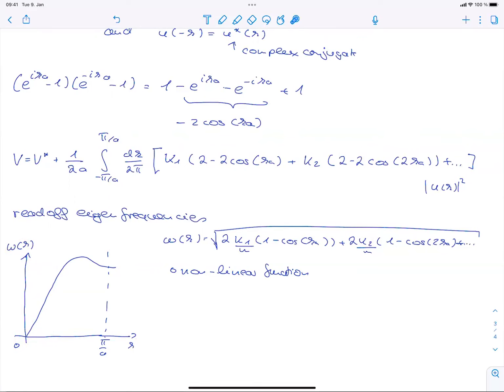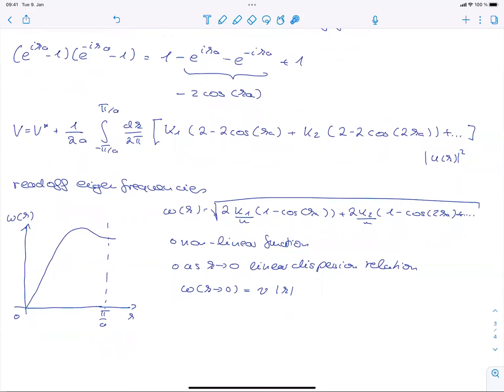And so we see as k goes to 0, we find a linear dispersion relation, where omega for k going to 0 will be a constant that I call v times the absolute value of the wave number.